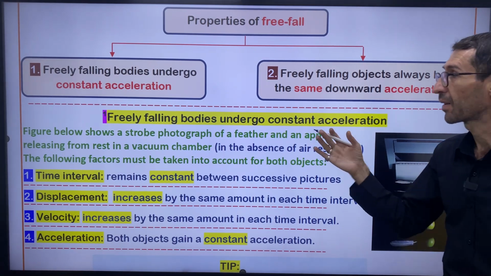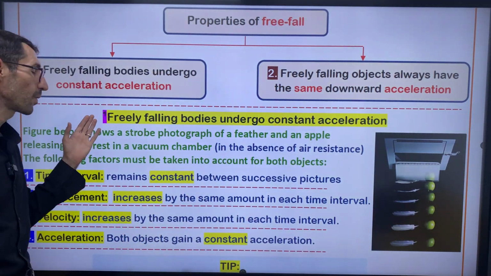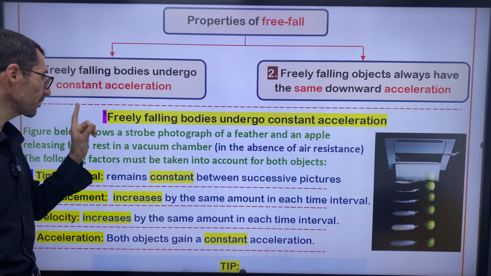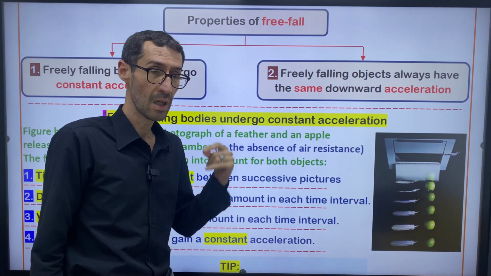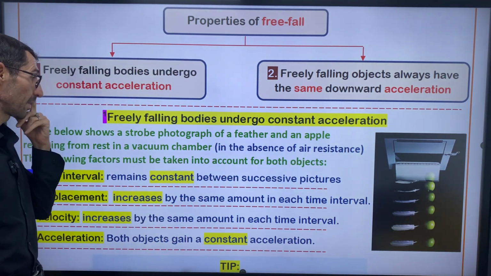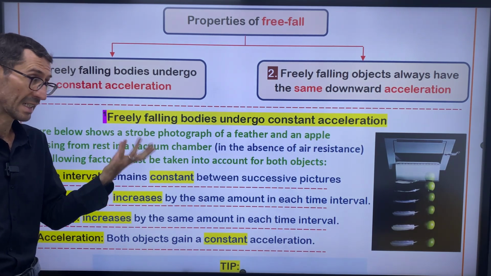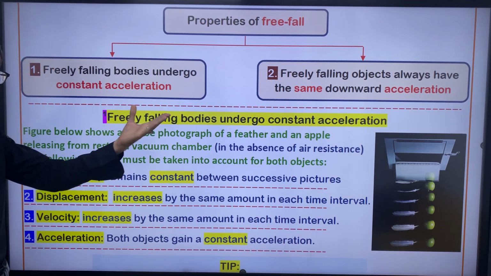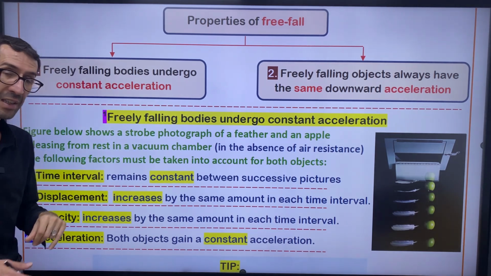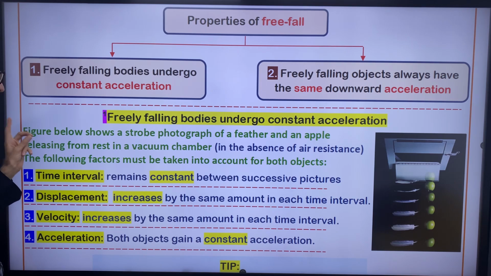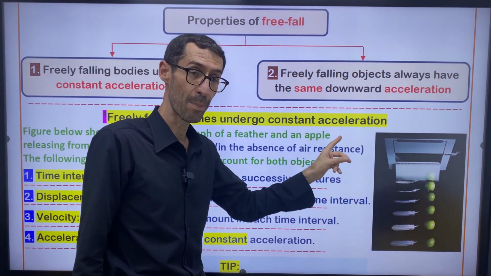We want to study these properties one by one. The first property, freely falling bodies undergo constant acceleration. Let's elaborate this property. We have a figure over there. Let me read the explanation regarding the figure. It says figure below shows a strobe photograph of a feather and an apple.